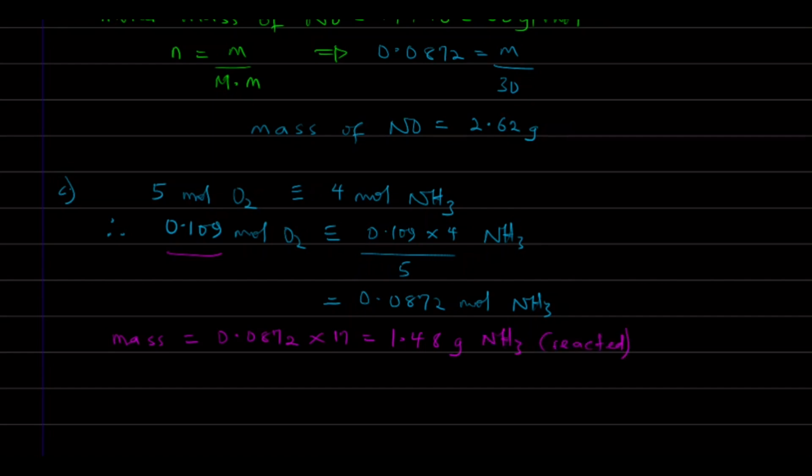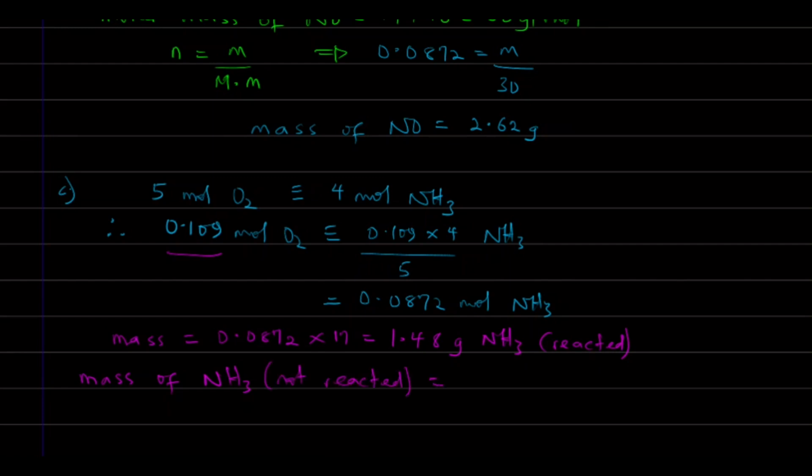That means out of the 3.25 gram of NH3 that was given, it was only 1.48 gram that reacted. That means the amount of NH3 that will be left, the one that did not react, is the mass of NH3 that wasn't used up.